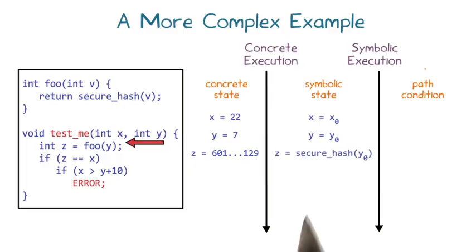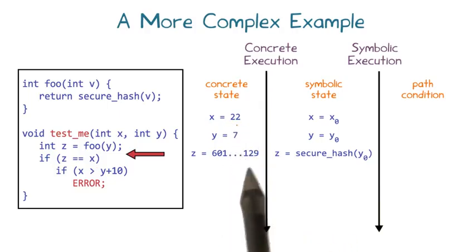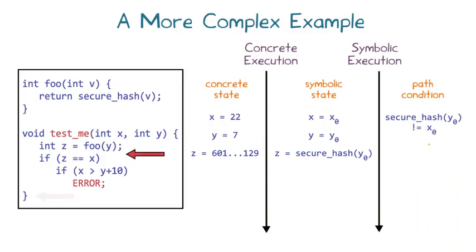Symbolically, z takes on the value secure hash of y0. Comparing the concrete values of x and z shows that they are different. So, the symbolic constraint secure hash of y0 not equal to x0 is added to the path condition, and we reach the end of the program.